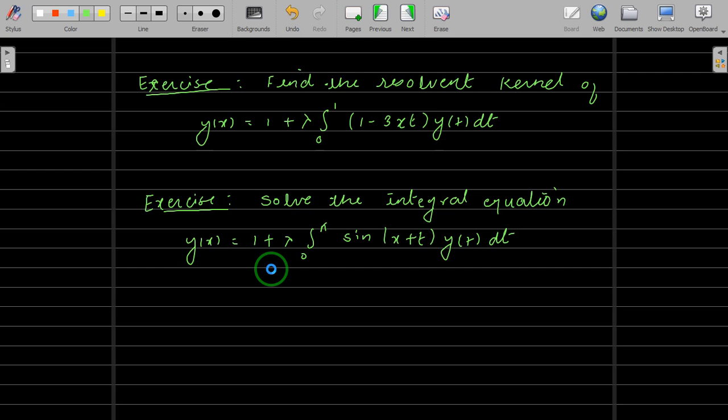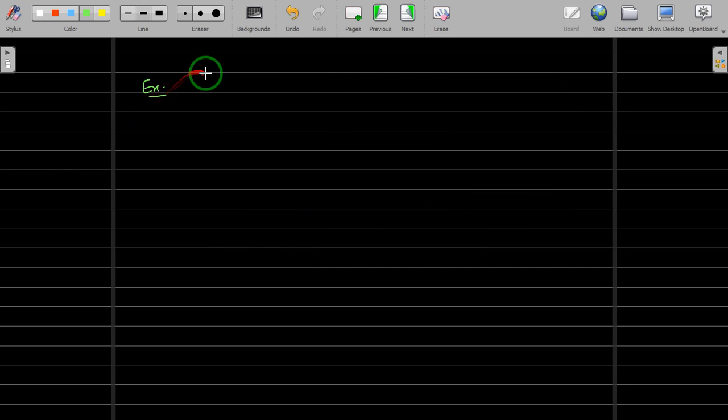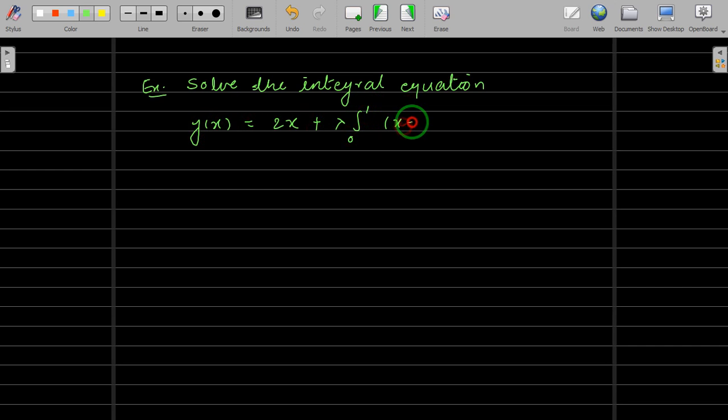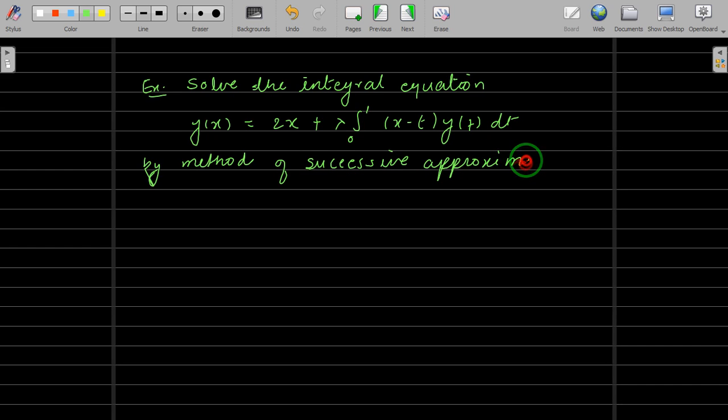Let me give the next. Solve the integral equation y(x) equals 2x plus lambda integral 0 to 1 of (x minus t) y(t) dt by the method of successive approximation to the third order.